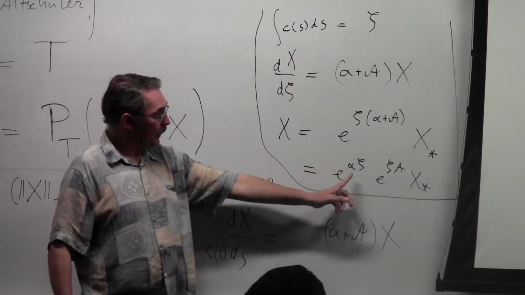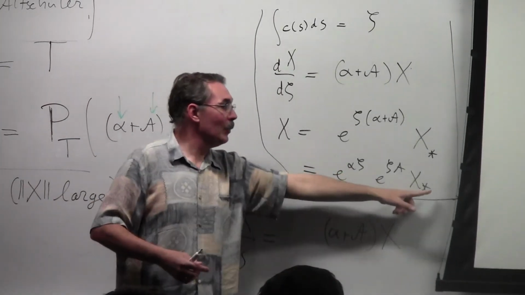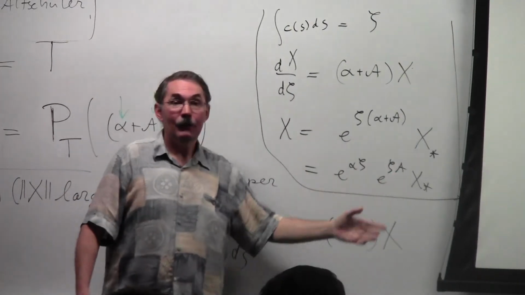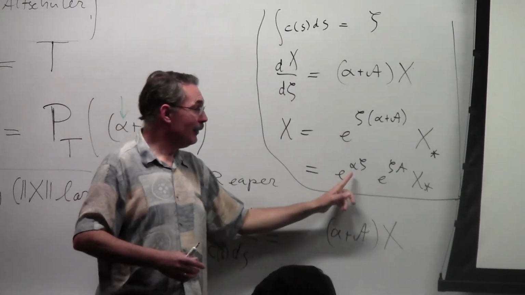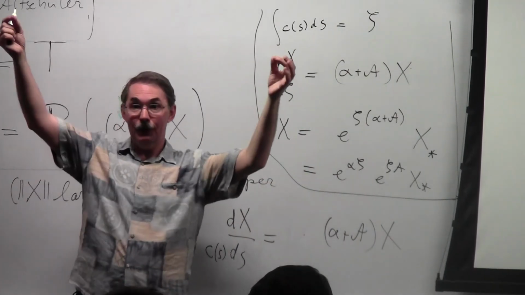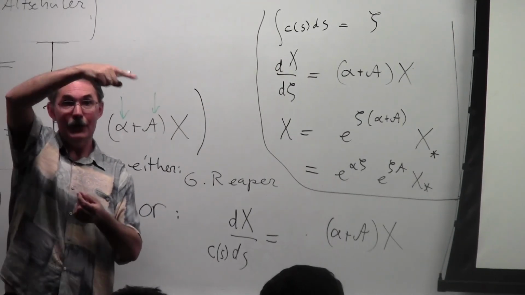So e to the alpha zeta magnifies, and x star is a fixed vector. Which curve is traced out by this? e to the zeta A, what does it do? It just rotates around the z-axis by an angle zeta. e to the alpha zeta dilates by a certain factor. So this is a solution that is moving outward and spiraling around.